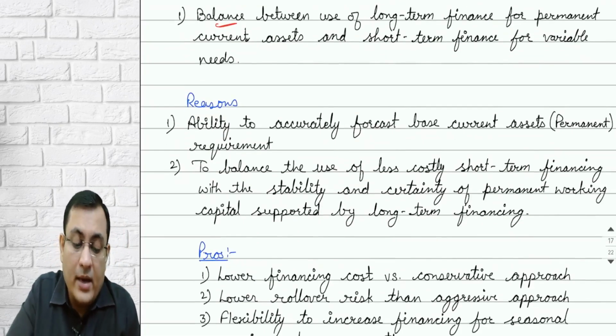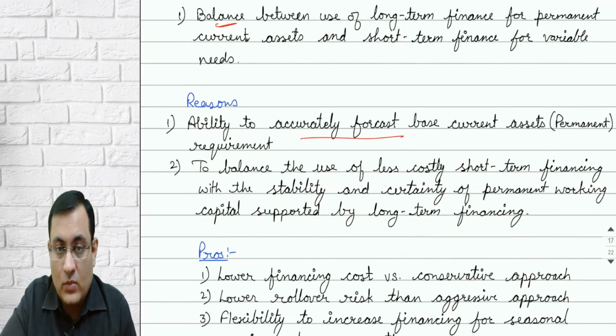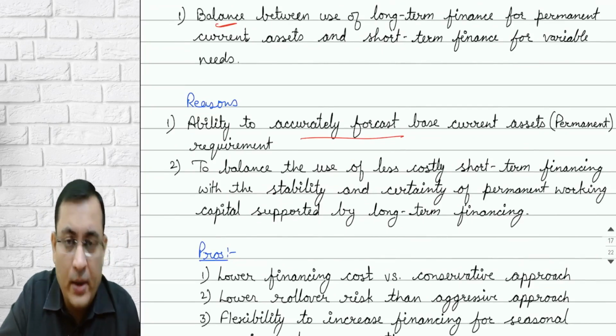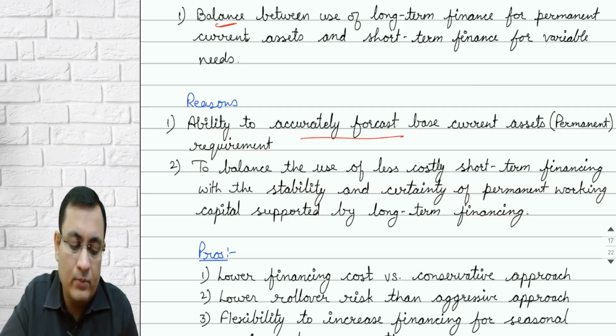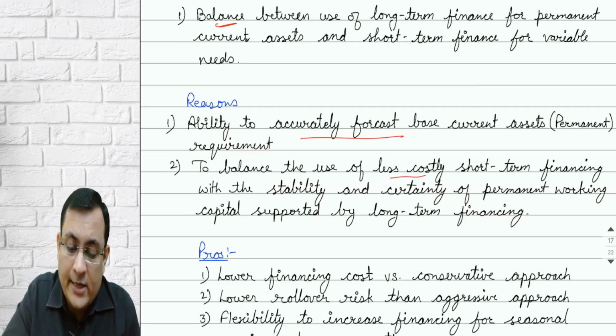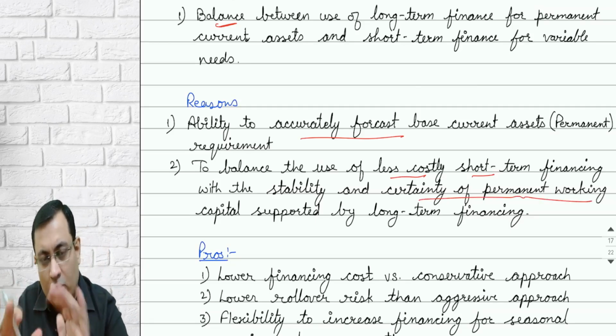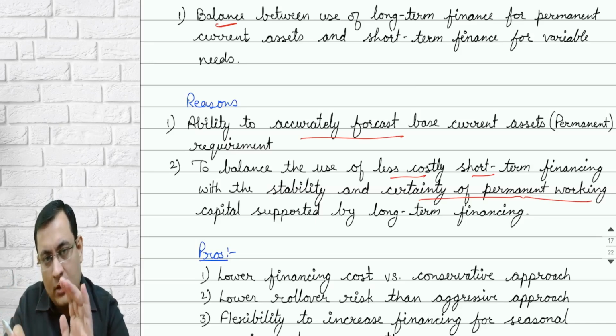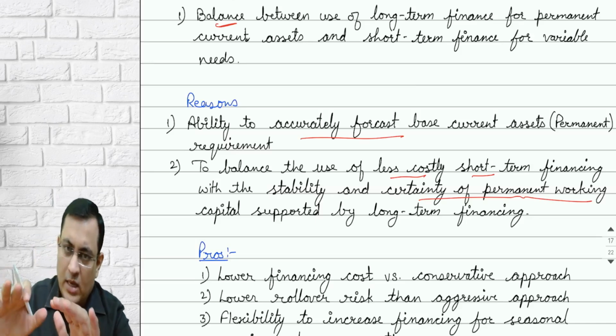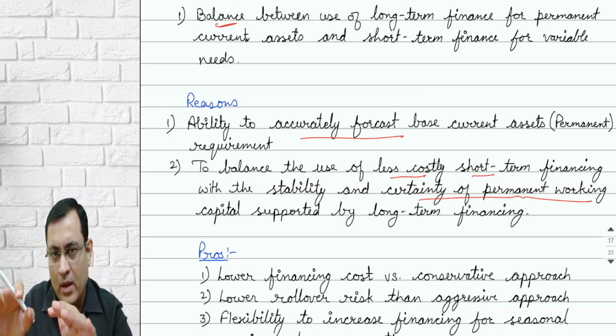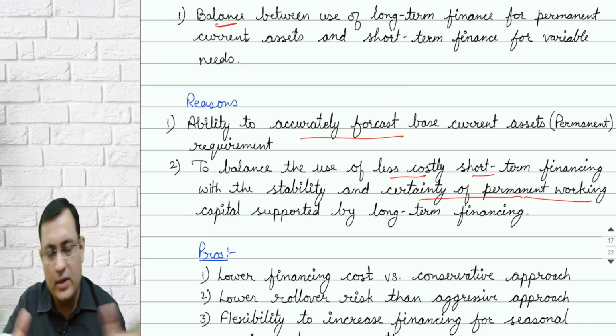Reasons: they can accurately forecast their level of current assets for the permanent level and their variable level, and balance the use of less costly short-term sources and certainty of permanent working capital. So they are trying to trade off, to balance out the flexibility of long-term sources with the low cost of short-term sources.